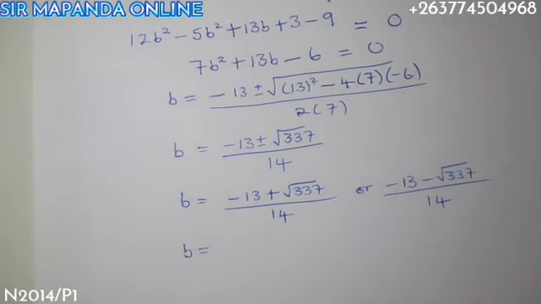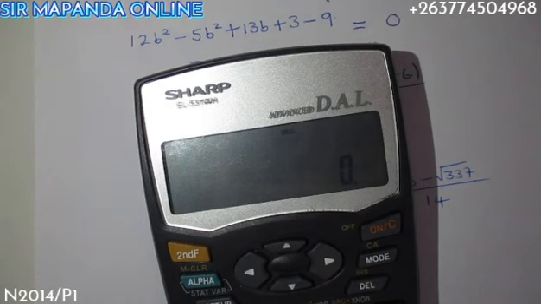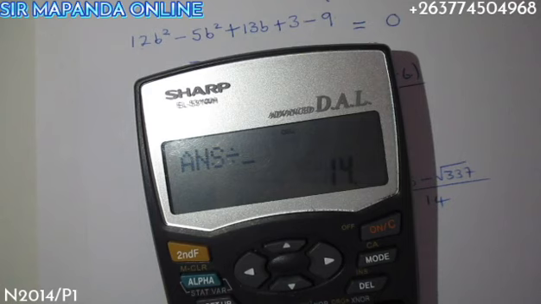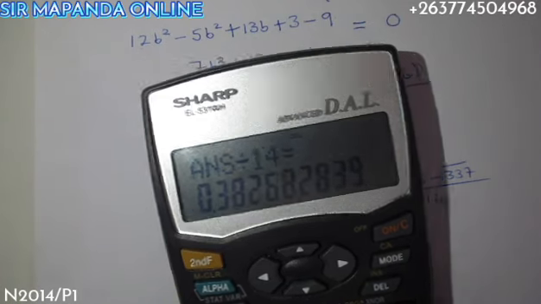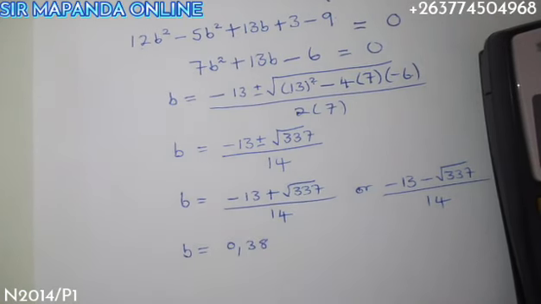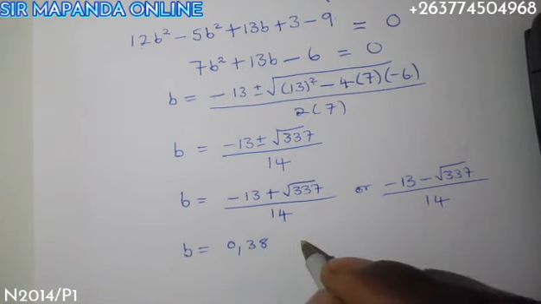So if we punch the first one in our calculator, negative 13 plus the square root of 337, equals, then you divide by 14. You get 0.38 to 2 decimal places as required by the question. So 0.38 is your first solution.